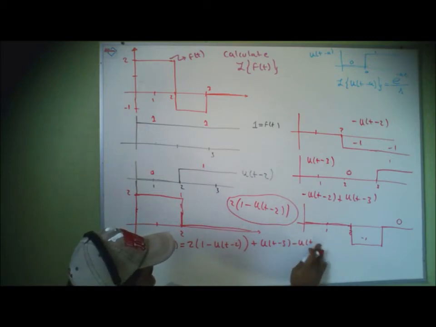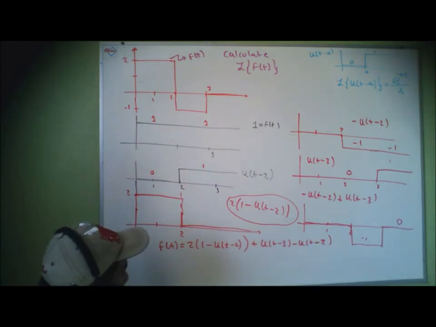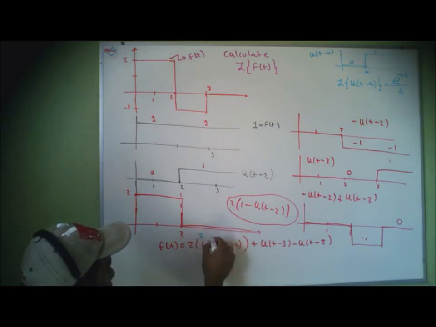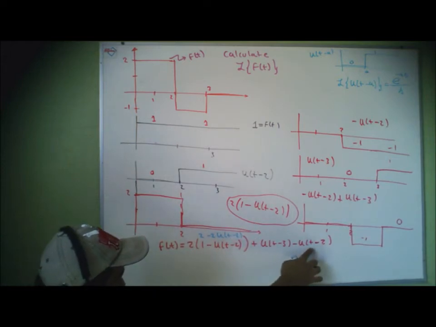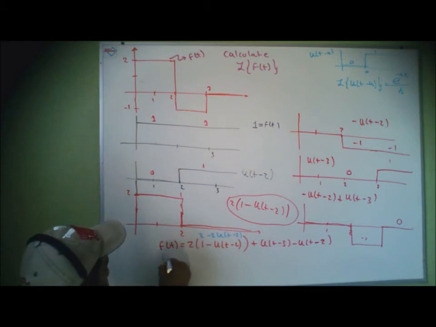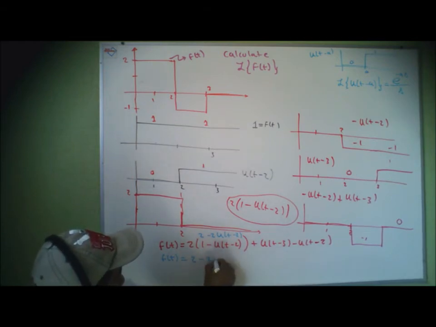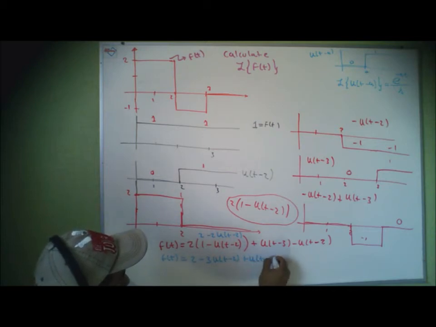We can reduce this, because we have the number 2 here, minus 2 u of t minus 2, and then minus u of t minus 2. So the function is 2 minus 3 u of t minus 2, and then plus u of t minus 3.